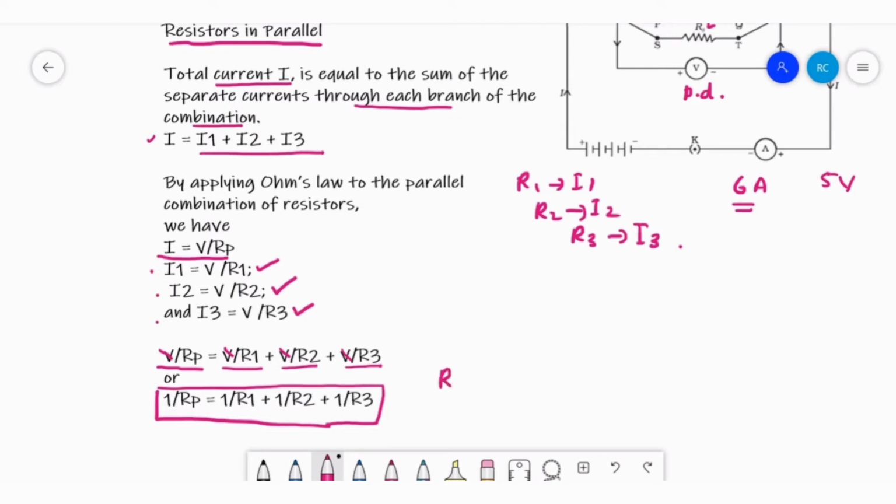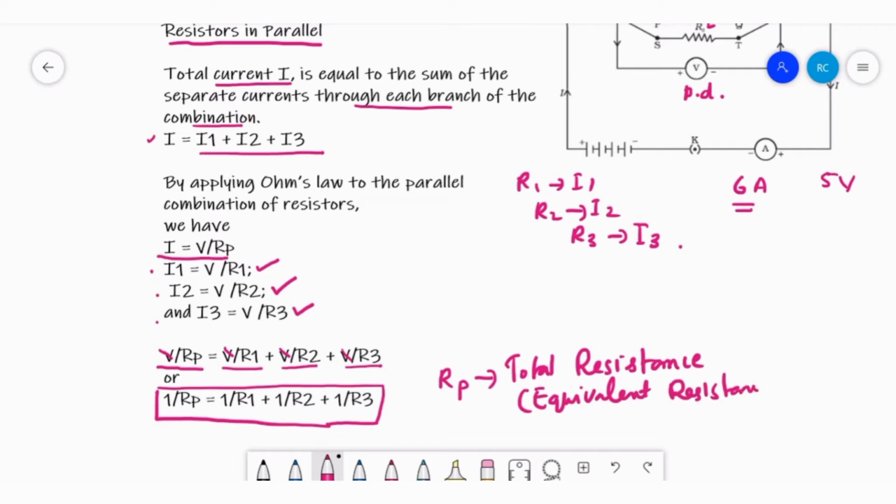Here Rp represents the total resistance, or equivalent resistance, of the conductors in parallel connection. P represents parallel connection. Okay, so 1 by Rp is equal to 1 by R1 plus 1 by R2 plus 1 by R3. Why have we written R1, R2, R3? Because we have connected three resistors here.